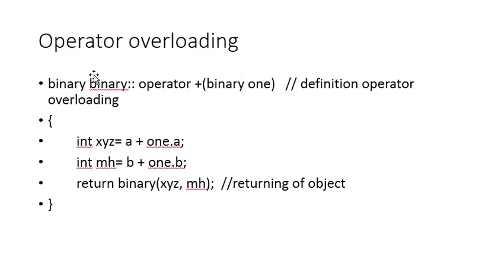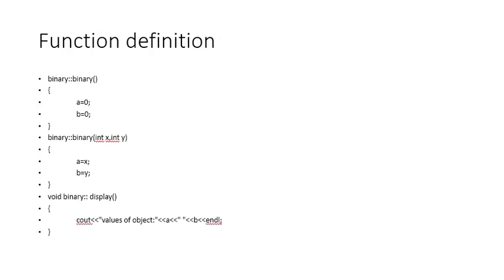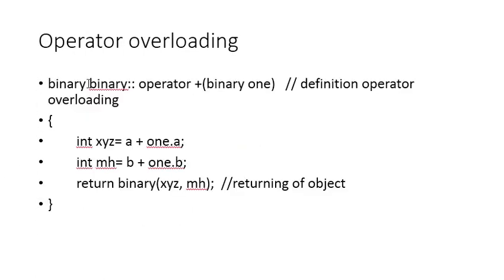So here is the definition of the operator overloading function. As the return type of the function is Binary, we write Binary and then the name of the class, and then the function is operator, and the positive sign represents which operator we are using, and here we are creating a Binary object.